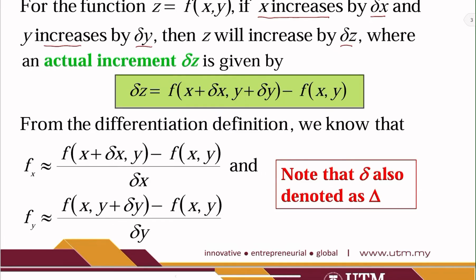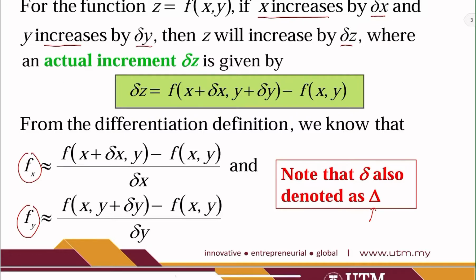From the differentiation definition, we know that fx is equal to f(x plus delta x, y) minus f(x, y) over delta x. For fy, it is basically f(x, y plus delta y) minus f(x, y) over delta y. Note that delta is also denoted as this triangle.